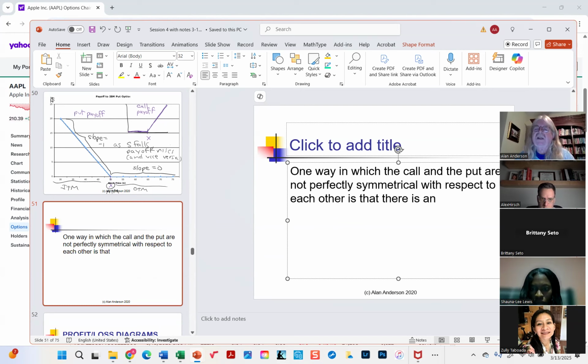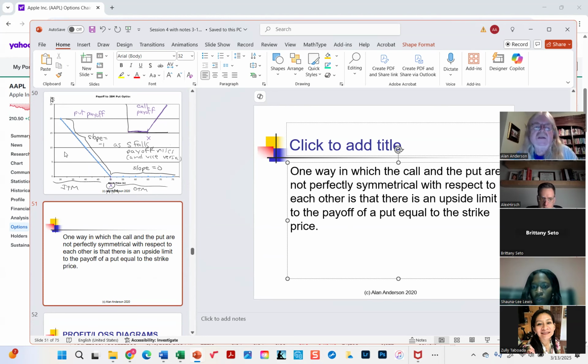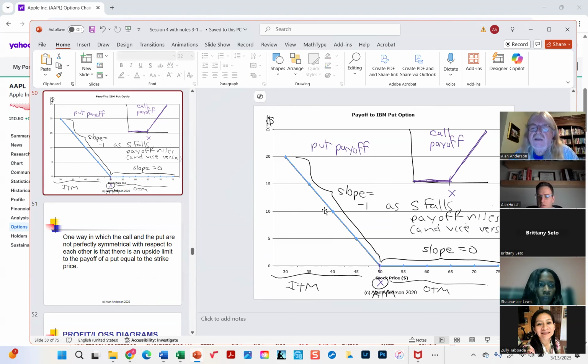There is an upside limit to the payoff of a put equal to the strike price. Okay, so here's why. The problem here is that the price of the stock can't be negative.